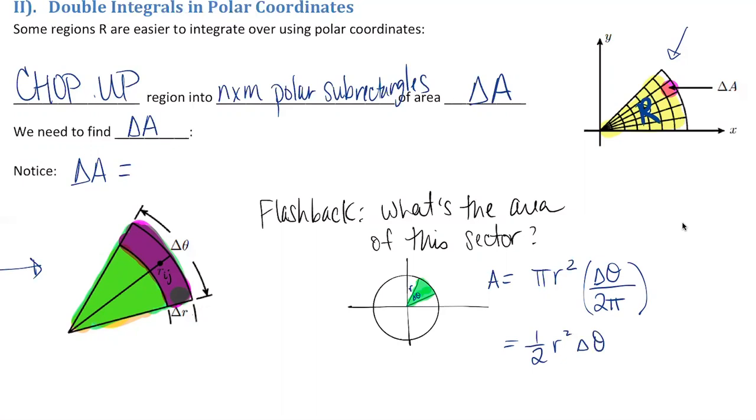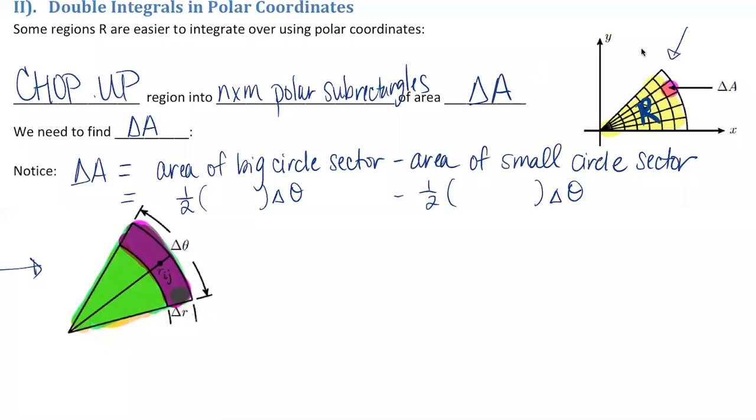So we're going to do that for both the big piece of pizza and the smaller one. So let me write that here. And you'll notice the main thing that's going to change is what our r is. For the big piece of pizza, I'm just calling this radius r sub ij, the center of this whole region.